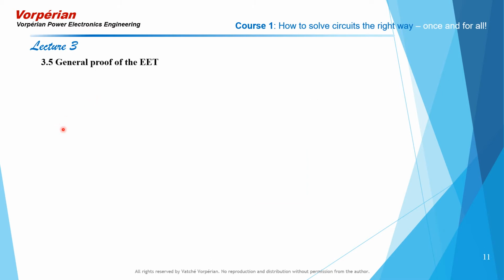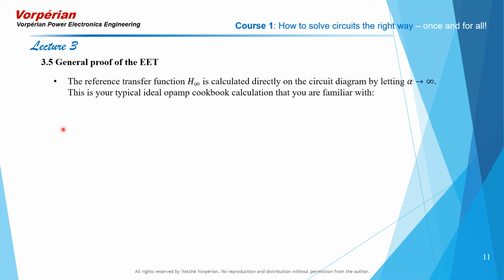Let me show you now the determination of H infinity on the block diagram. Here's our block diagram for the general linear time invariant circuit. This is our dependent source, input 1, a dependent source that depends on output 2. Before, I took the value of alpha equal to 0, and showed you what that would look like on the block diagram.